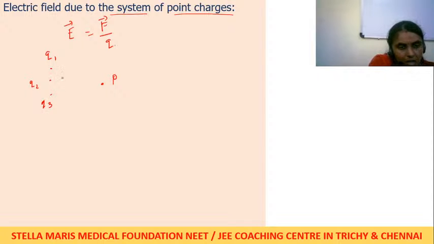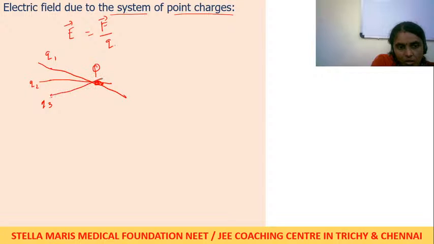So here there are multiple charges which create a force with this point charge. This Q1 and P will create a force, and Q2 and P, and Q3 and P. This is the point charge P which is present here.